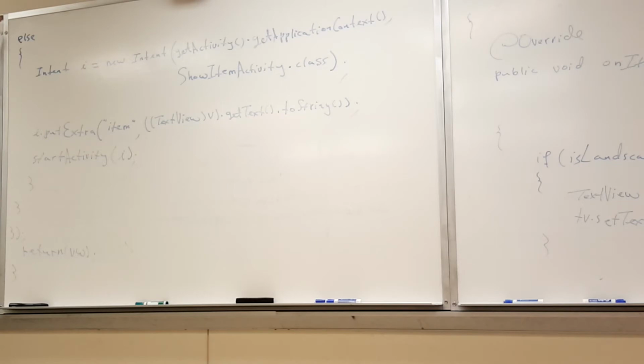Well, I'm going to write it in black, which shows all of the new stuff, okay? So, this is show item activity. We call it show item activity? Yes, show item activity, extends. Okay, so far so good.